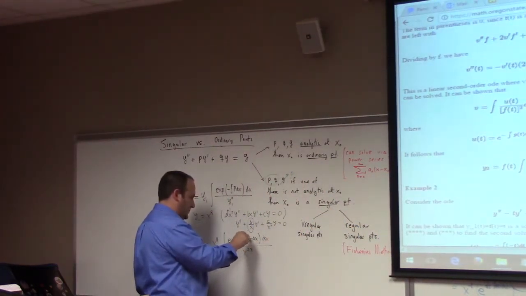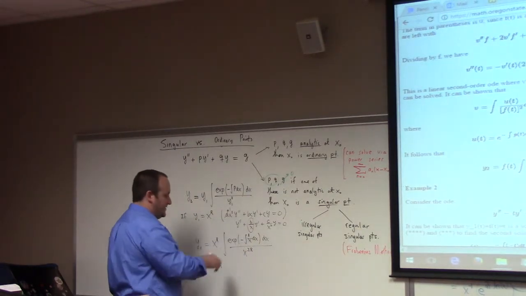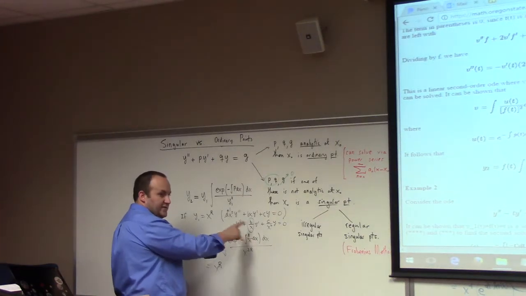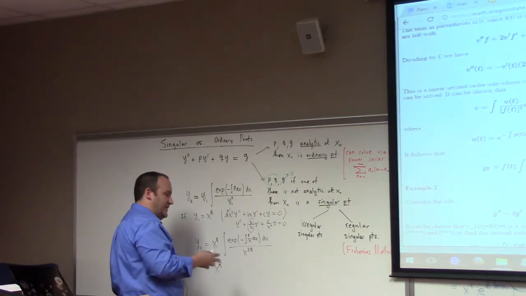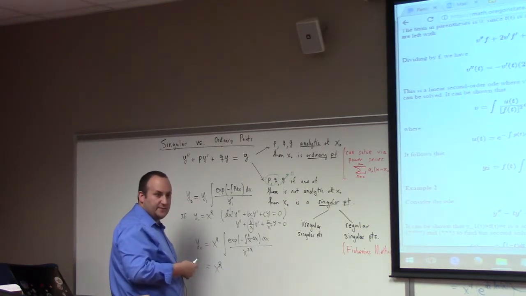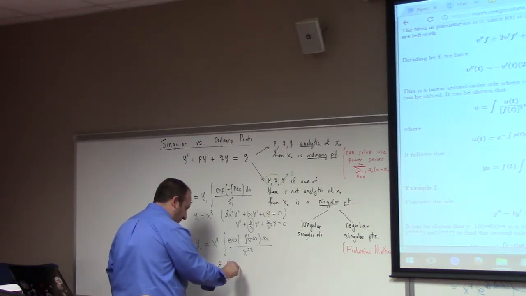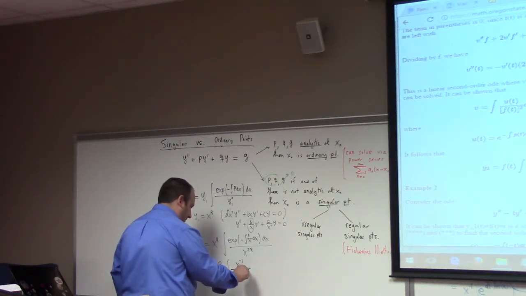So what's the integral of 1 over x? That's minus the natural log of x. This exponential integral just becomes exponential of the natural log of x to the minus 1. In other words, this whole exponential just becomes the integral of x to the minus 1 over x to the 2r dx, which is what?